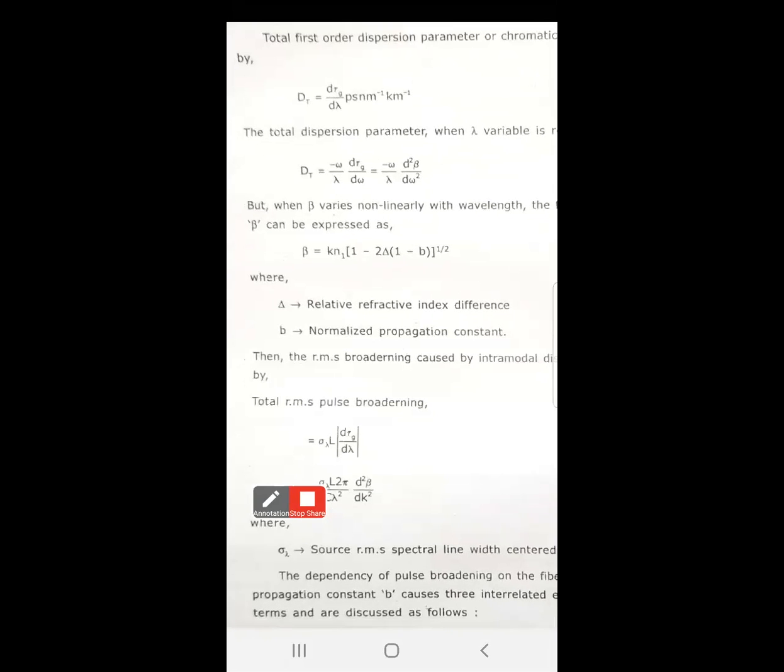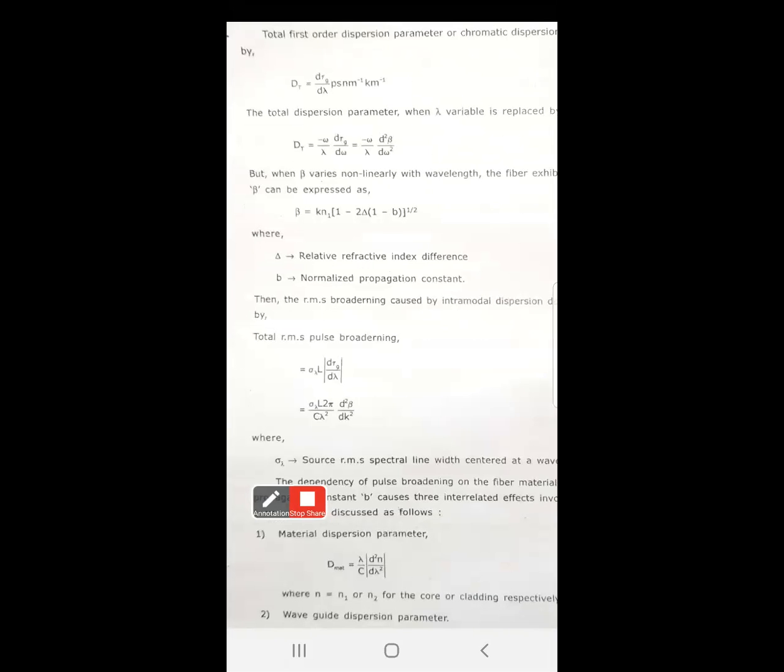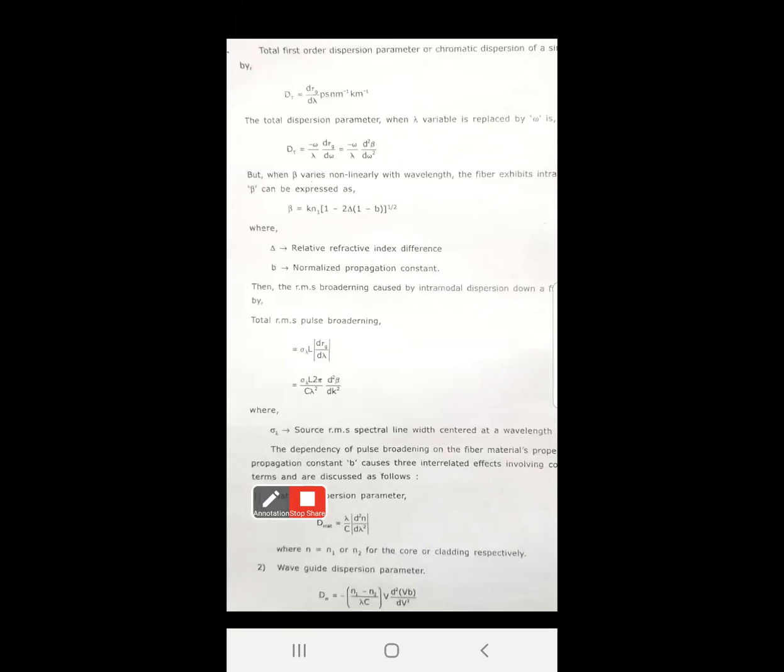If you go for the first order mode, differentiating the chromatic dispersion for single mode fibers, we can obtain capital D is equal to d tau by d lambda, that is D tau is equal to d tau z by d lambda.